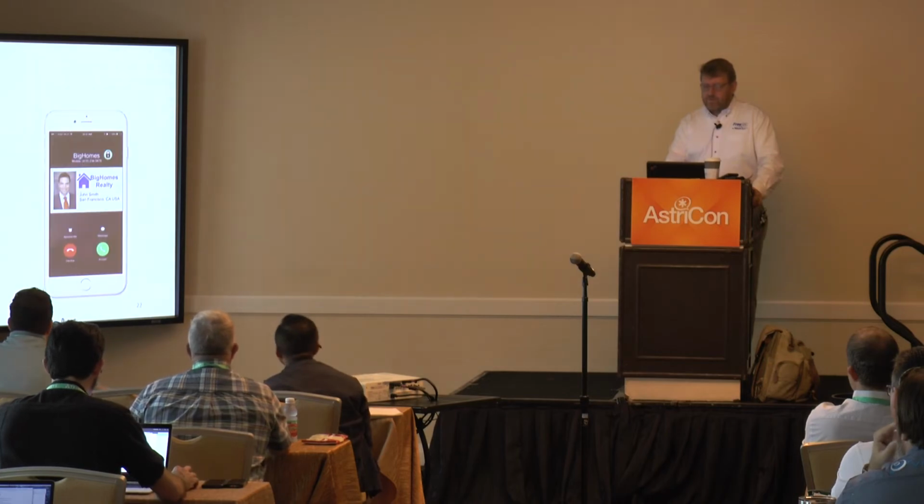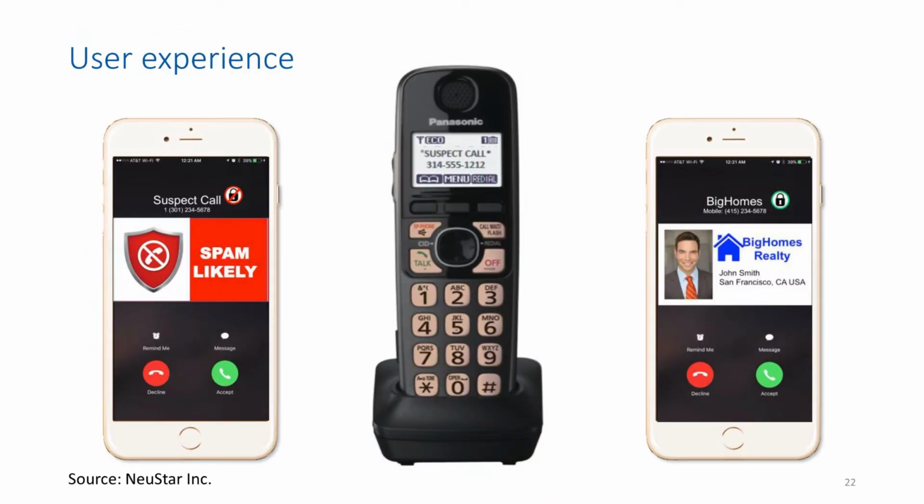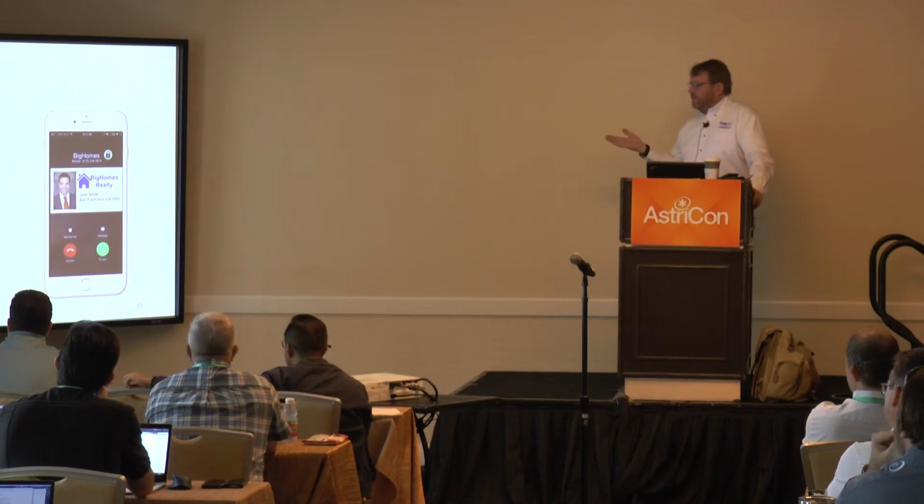Good. All right, so this is where there's been a little bit of a debate on the user experience. On the receiving end, there are many different options as to how a call could be delivered. It could be on a mobile device, a landline device, or another mobile, but different ways that this call could be delivered. Either it's trusted, like the number on the right, or the two on the left are suspicious calls.